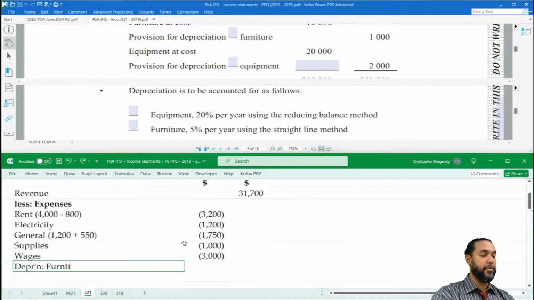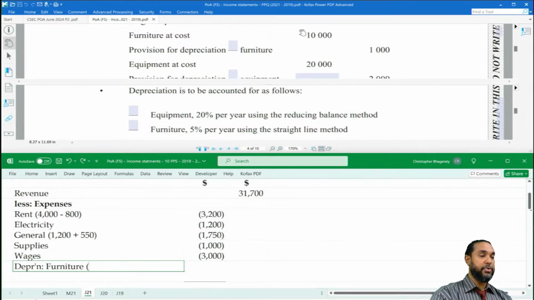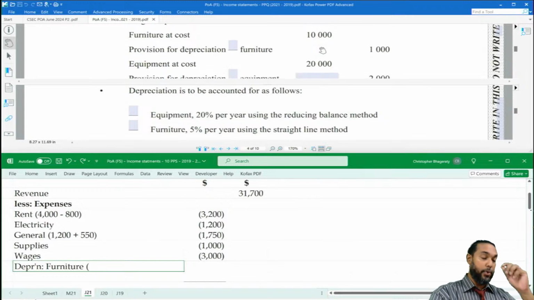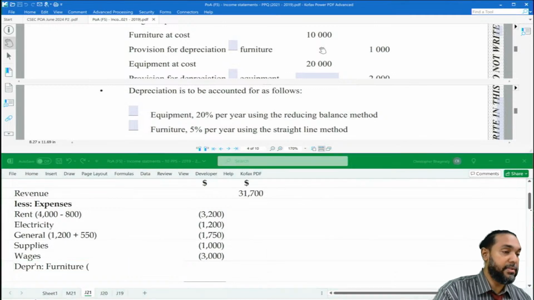Depreciation, furniture. Furniture is 5% using the straight line method. All we have to do under the straight line method is multiply the depreciation rate by the cost of the asset. We know it's the cost because it's in the debit column, because assets have debit balances.